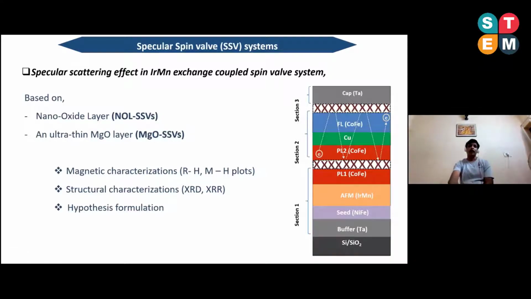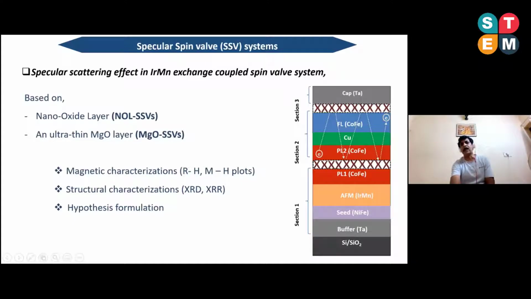So what we are thinking of is a specular system. Why do we wish to do the specular system? The specular system is nothing but spin confinement, because all our spin polarized carriers get scattered between the free layer and the pinned layer when you pass the current through the spin valve.